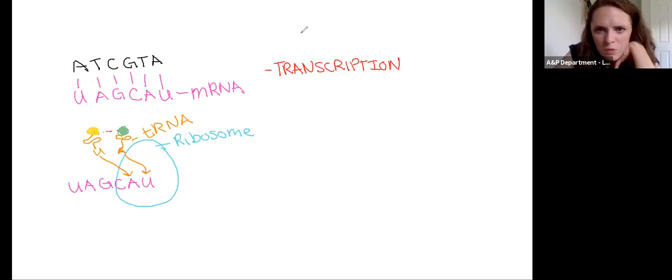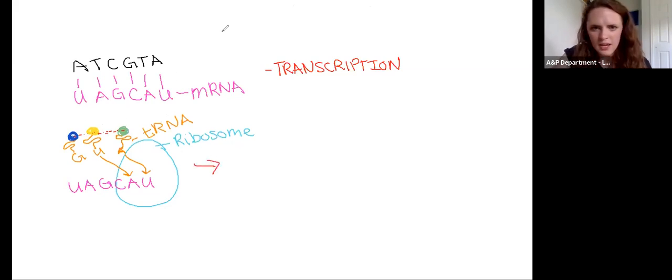Okay, and as you get more and more tRNA that come in and connect, you're going to get a sequence of amino acids that all connect in a chain. Okay, so once this is complete, you're going to have just a chain. I'm not going to do all the colors for sake of time, of amino acids in a very specific order that was determined by this mRNA. This is called translation.